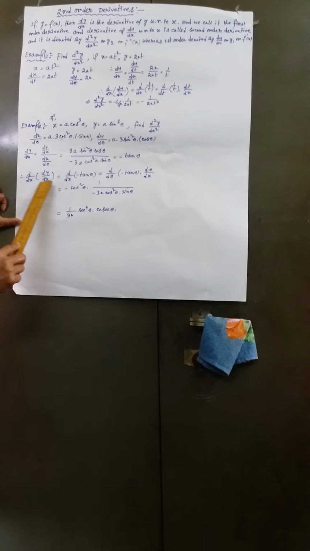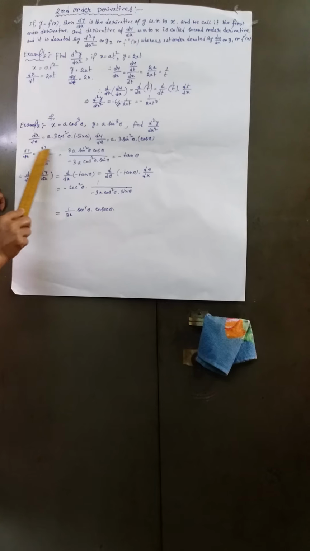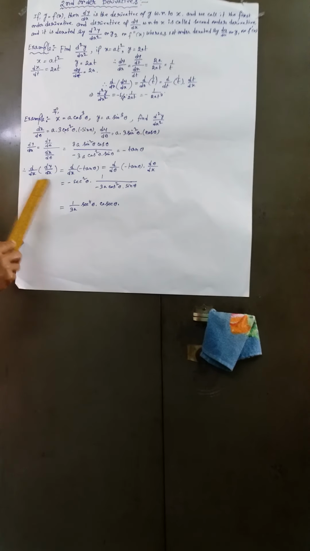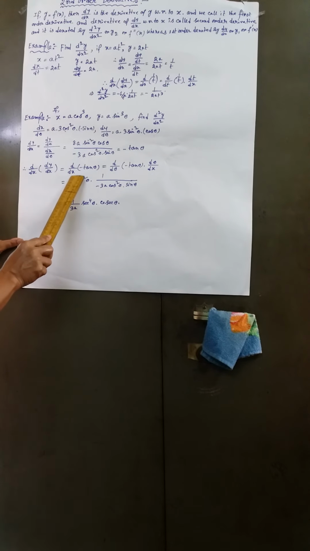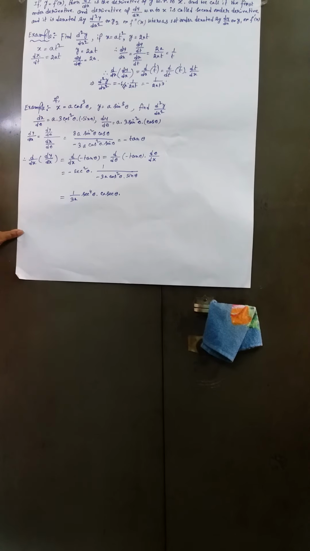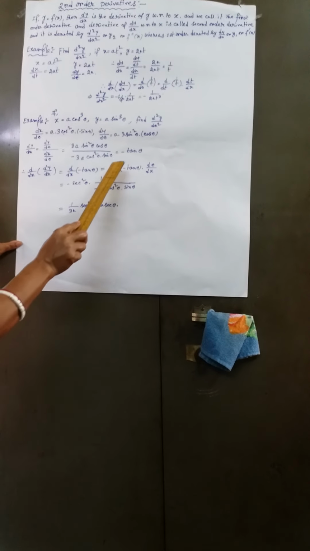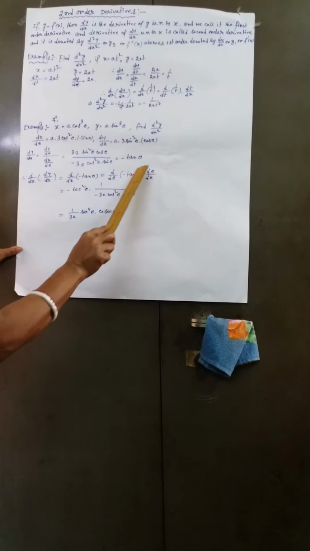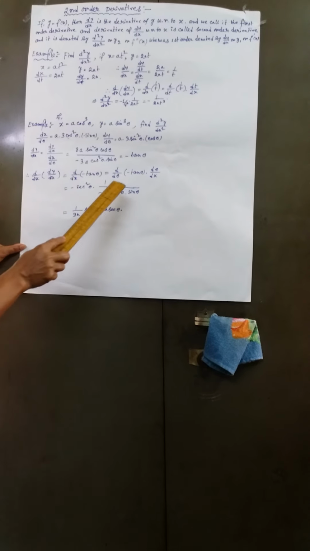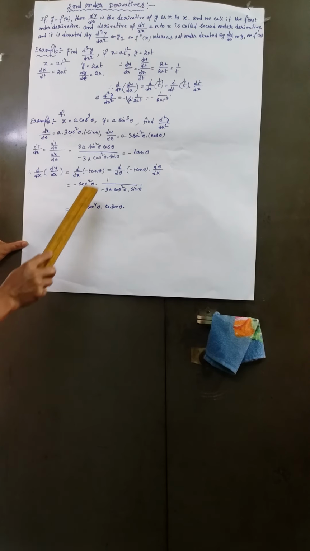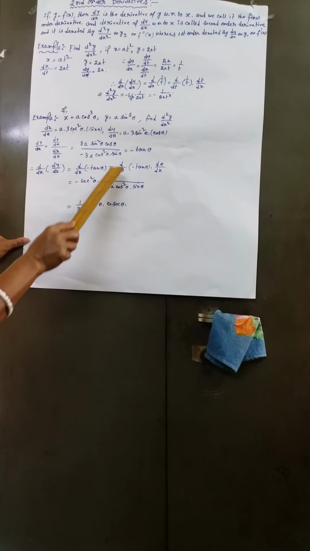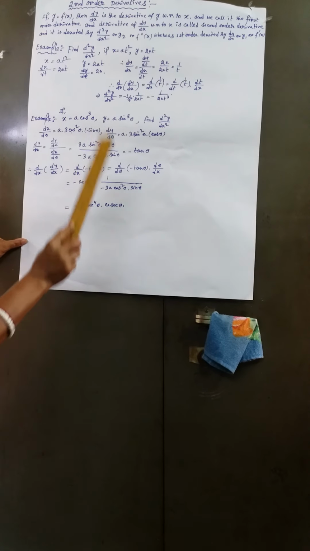Then once again we have to derive dy/dx with respect to x, that is d/dx of dy/dx, that is d2y/dx2, that is d/dx of minus tan theta, but we cannot derive tan theta with respect to x, so we have to write in this way, d/d theta of minus tan theta into d theta/dx, that is equal to, the derivative of tan theta equal to sec square theta, that is minus sec square theta into 1 by, in place of d theta/dx.